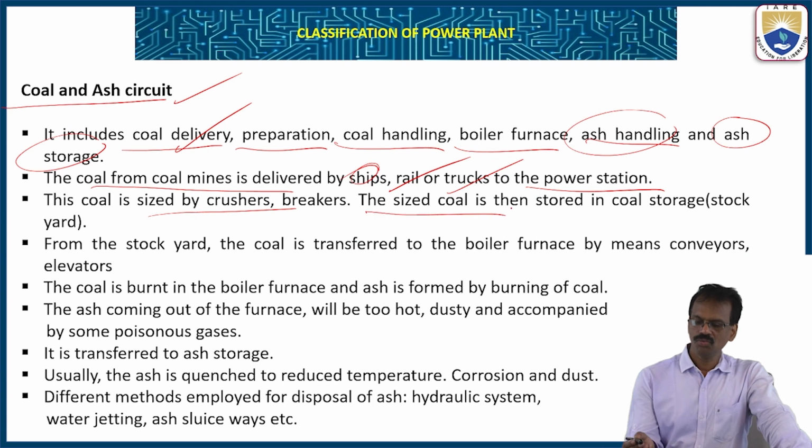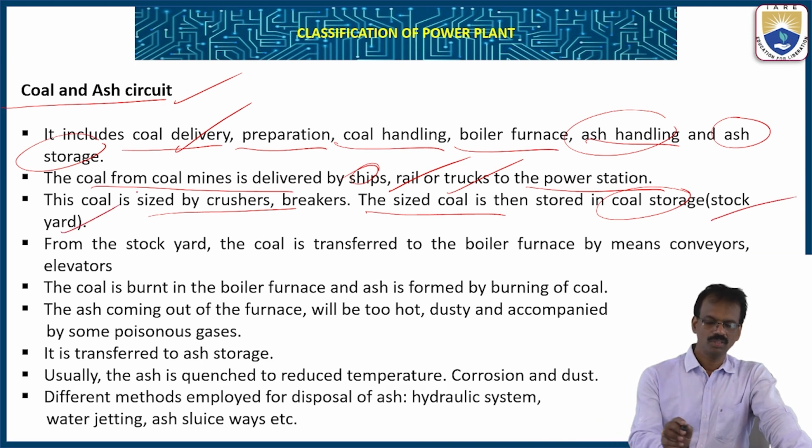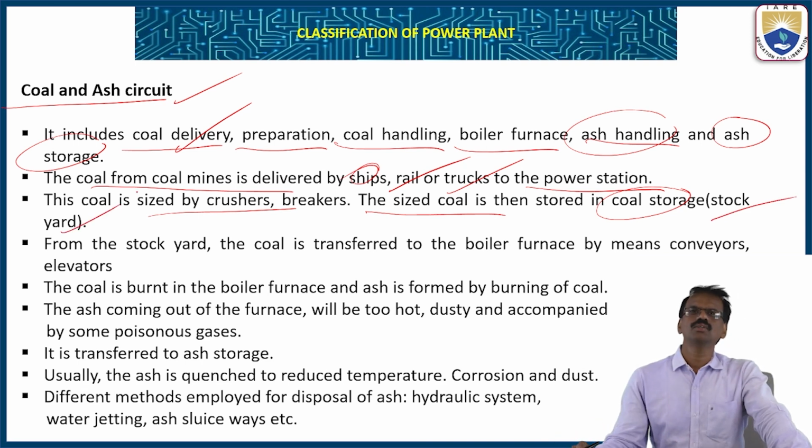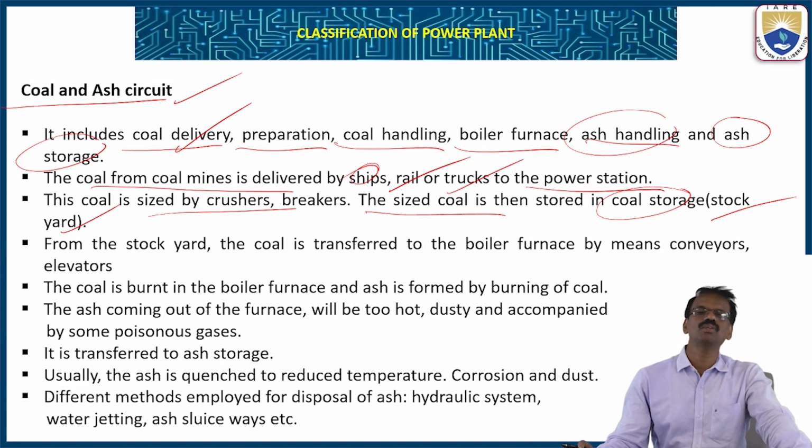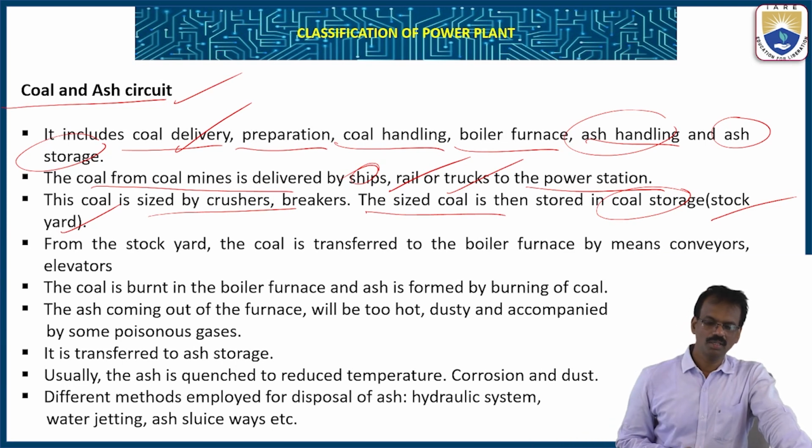The sized coal is then stored in a coal storage, that is nothing but the coal yard. So collection of the coal, preparation of the coal in required size, and sending of the coal to the furnace are very important in the coal and ash circuit.